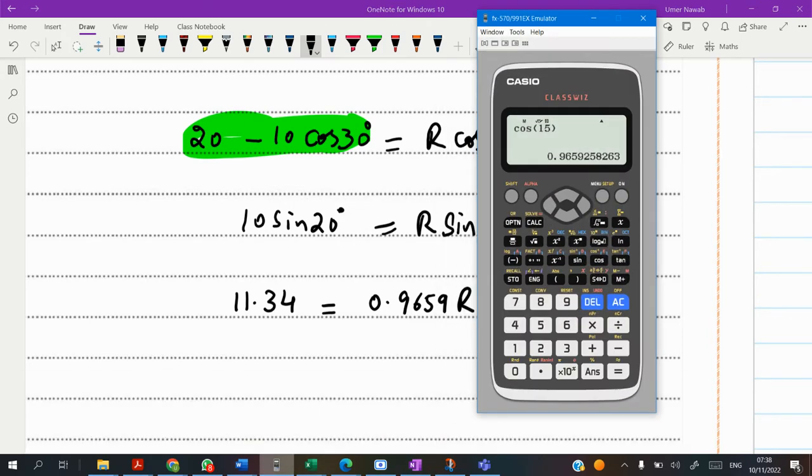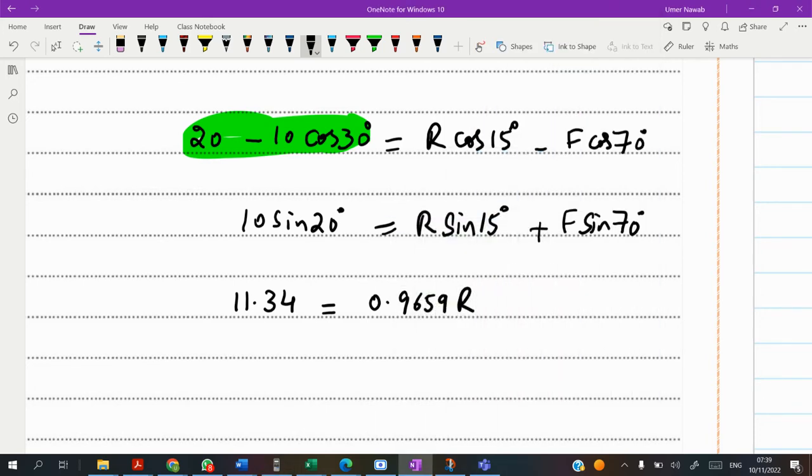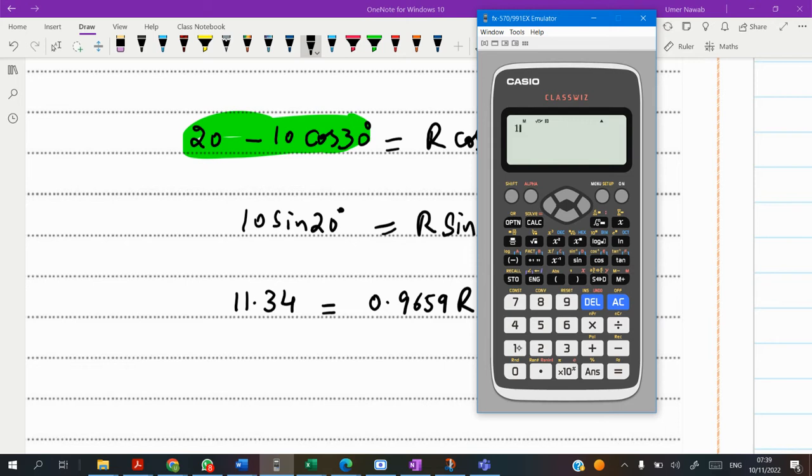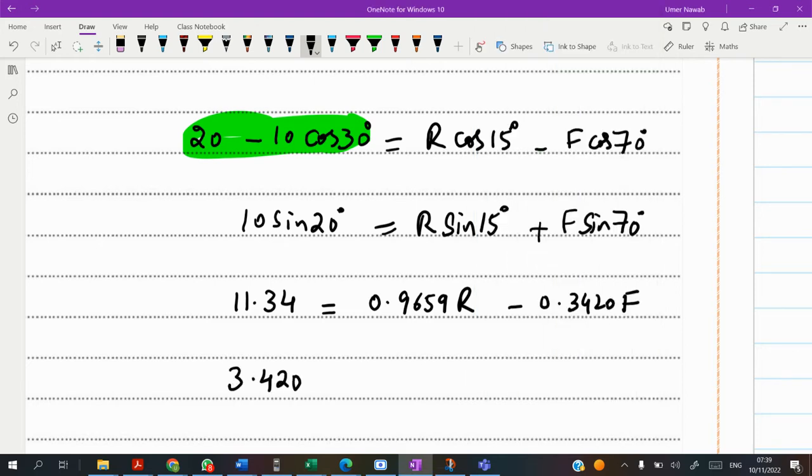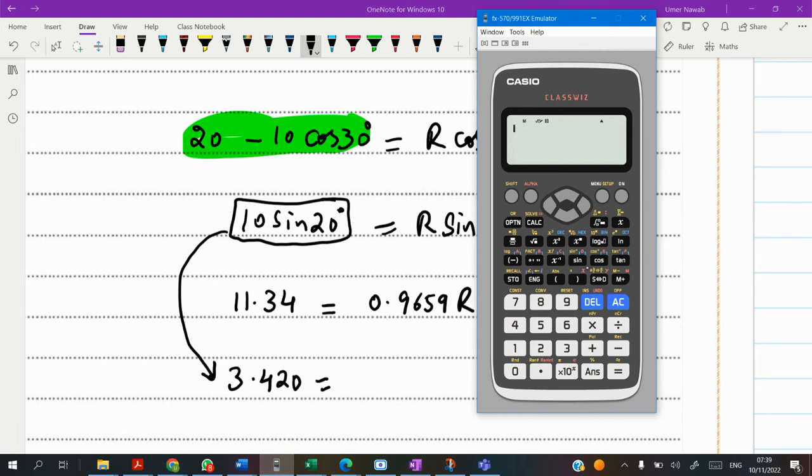Now minus cosine 70, I got minus 0.3420 along with F. 10 sine 20, I got this answer 3.420. I'm talking about this. So this is simplified to four significant figures like that. Now sine 15, I got this answer 0.2588.